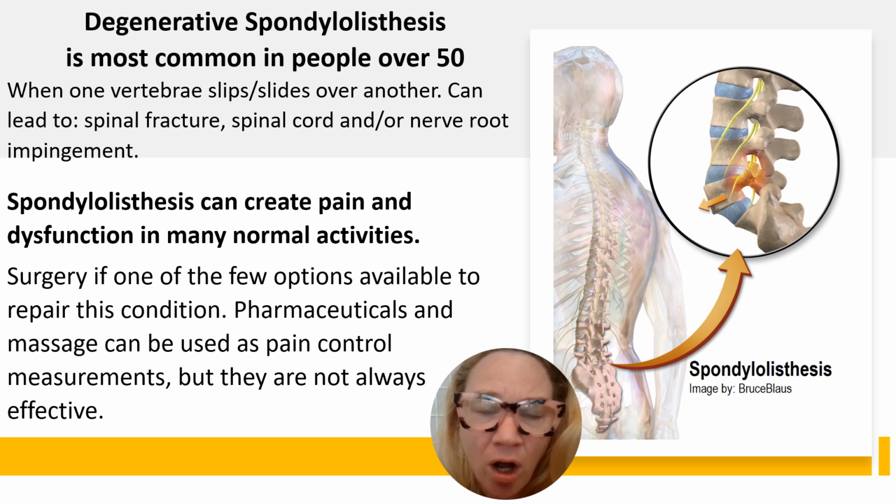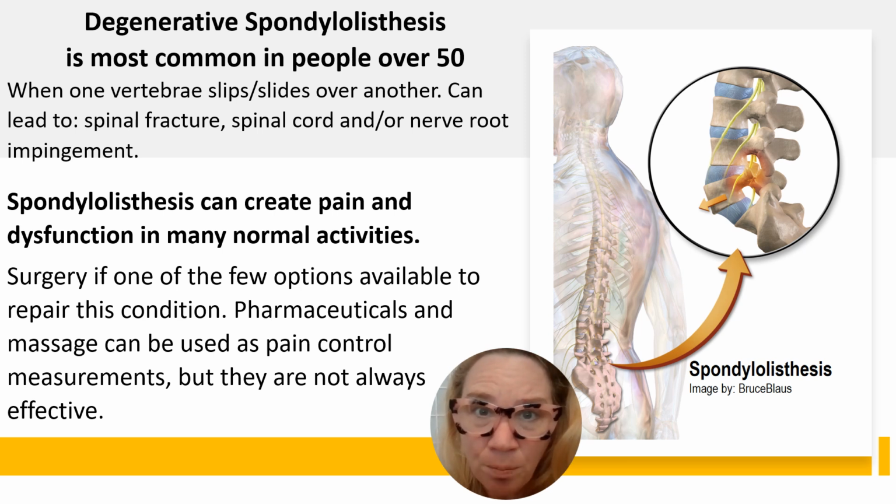It can also cause something called pars fractures, where the transverse processes literally break off the sides of the vertebrae because it slips so far forward, the ligaments are holding on to the bones and they fracture because it's very thin bone in those transverse processes.